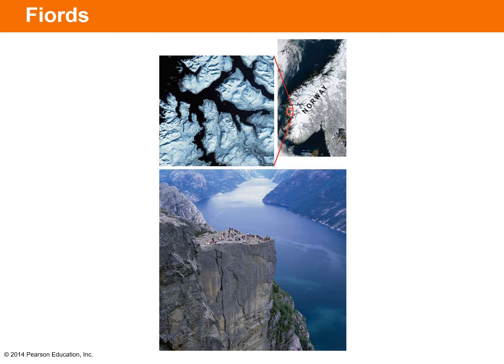And these aerial photographs of Western Norway show really good examples of fjords. And then the photograph on the bottom here shows you a more close-up view of what one of these fjords might look like.